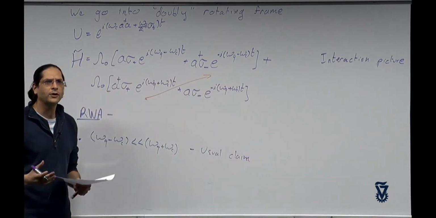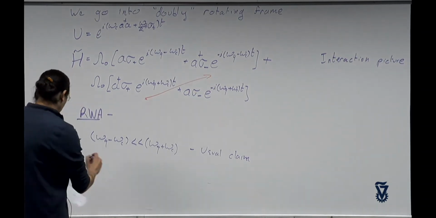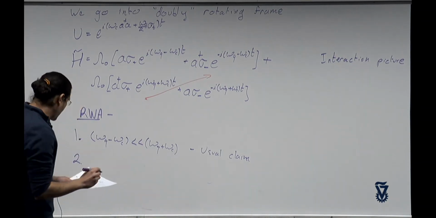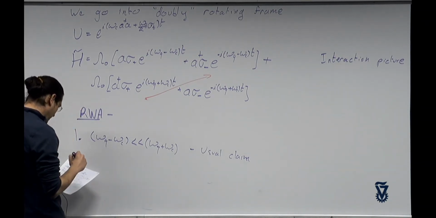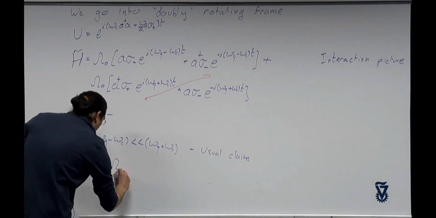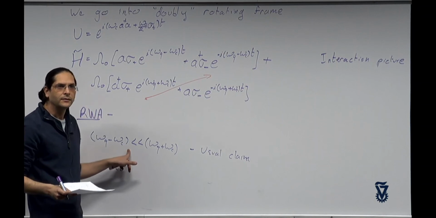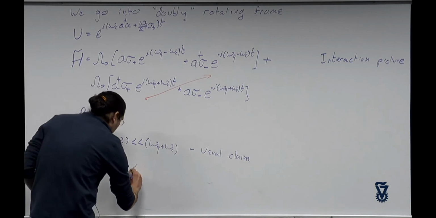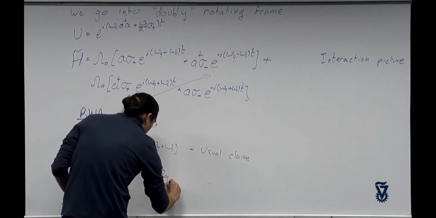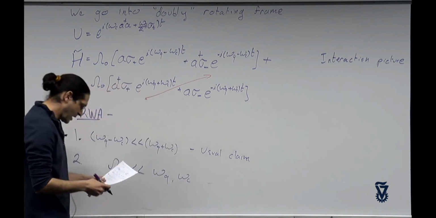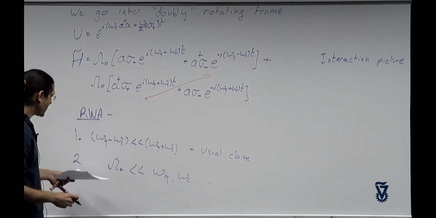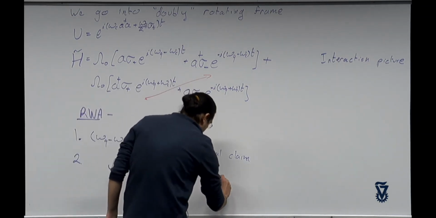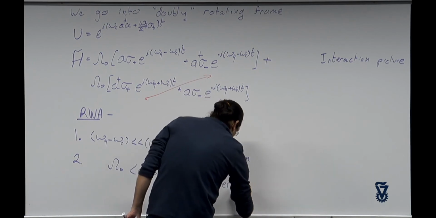I would say that a lot of books also add the second thing, which is sometimes more forgotten, and this is the fact that omega naught, so this is not sufficient really. To make the rotating wave approximation work, you really need omega naught to be much smaller than omega q and omega c. And the way you can understand this is because this rotating wave approximation is really about perturbation theory.